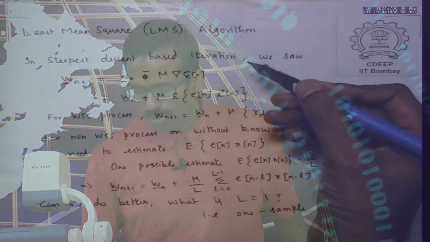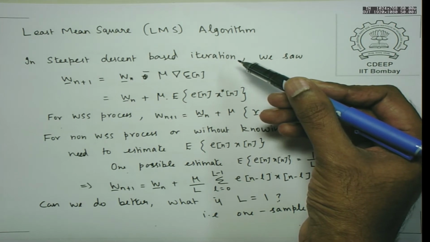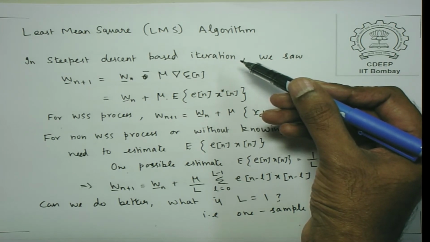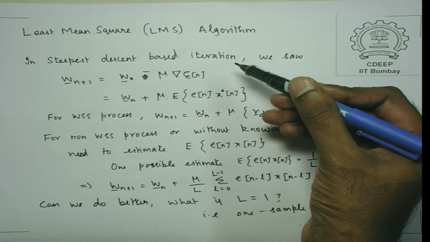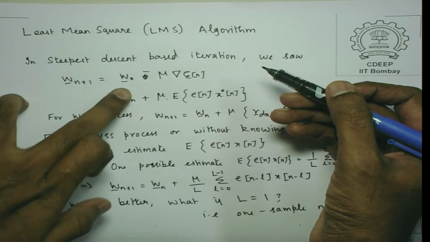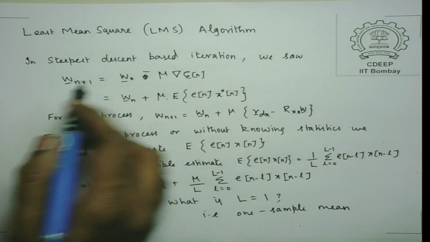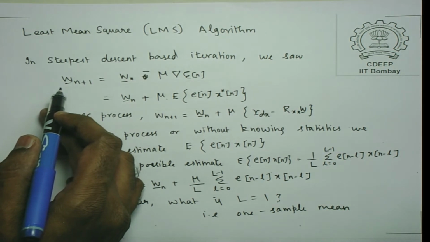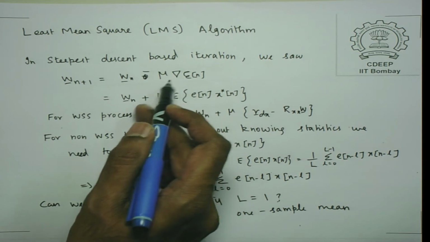So, what is this LMS algorithm? Recall that in our previous module we had looked at a steepest gradient descent based iteration to update these weights. If we have a weight at some time, Wn, we looked at how that can be updated at time n plus 1 by looking at the gradient of the error along with the step size.